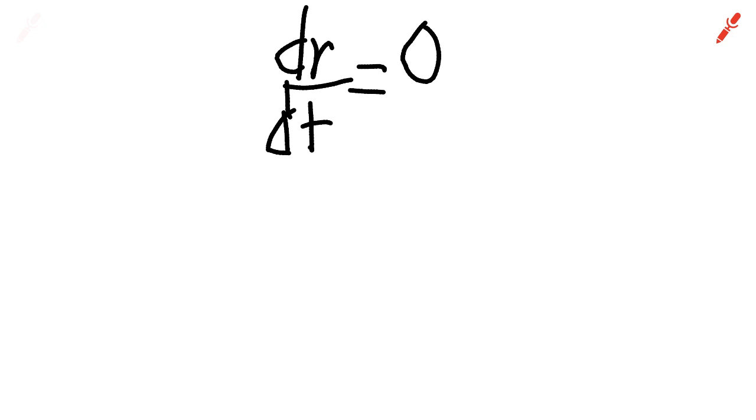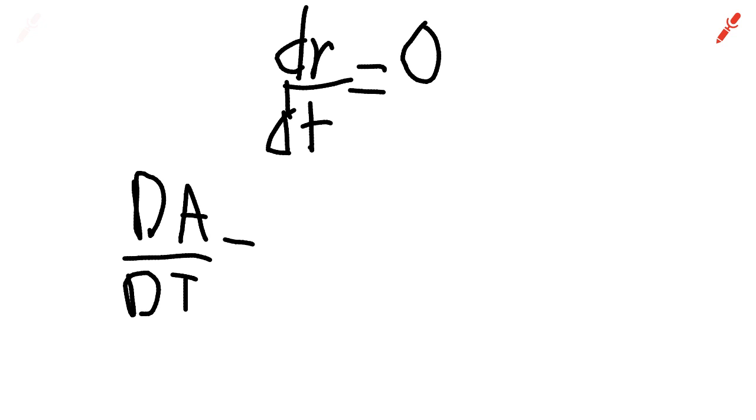Right, so we have that. Now, once we have that, we remember that dr dt equals 0. So we can start substituting values into the derivative.